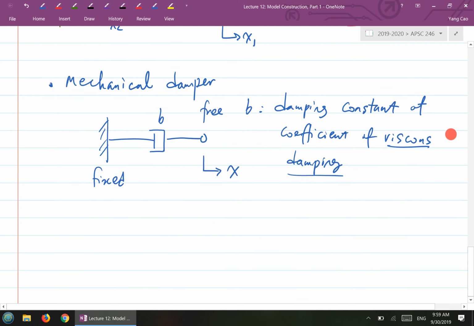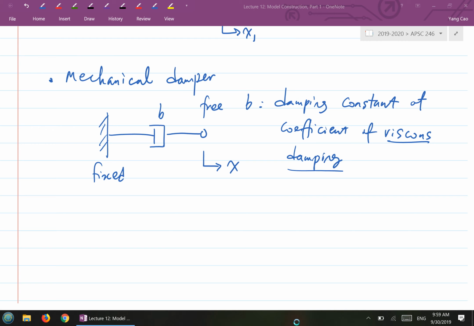So if I have one end free, one end fixed, and you denote the displacement of the free end as x with the reference direction drawn by the arrow, the governing equation for this damper is F equals negative B times x dot. So the force is proportional to x dot, which here represents velocity.